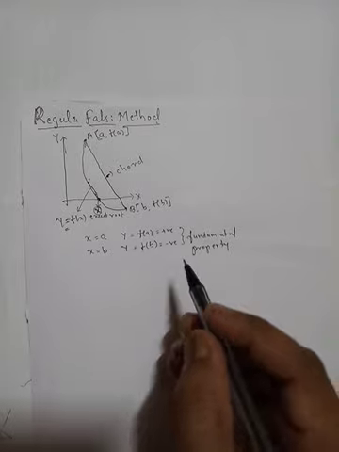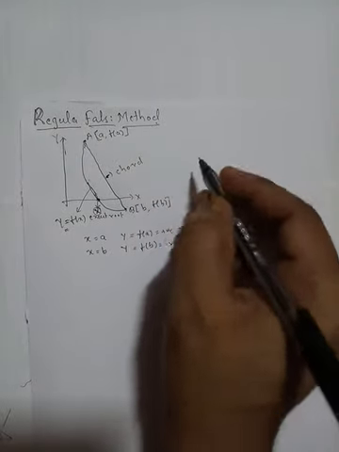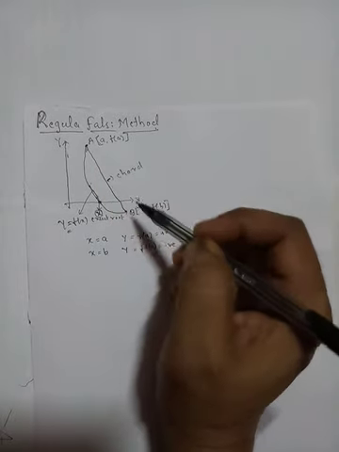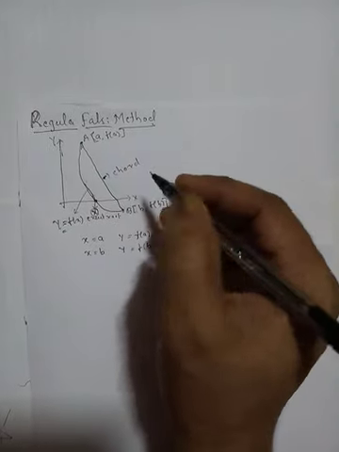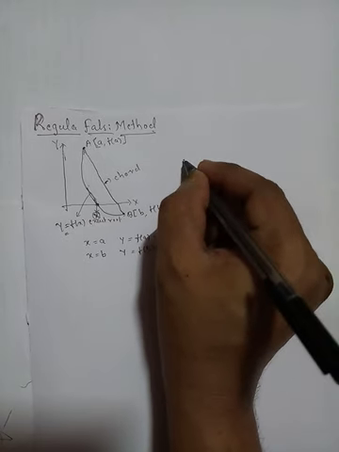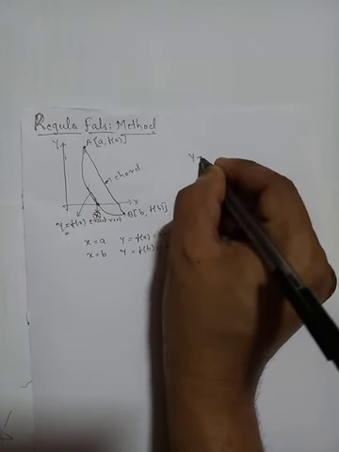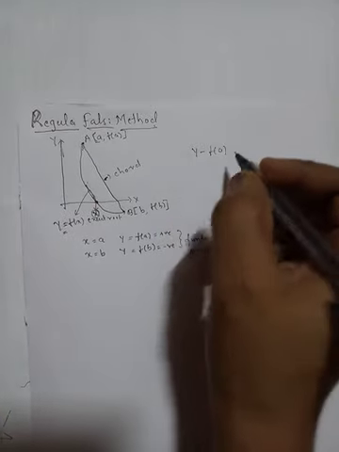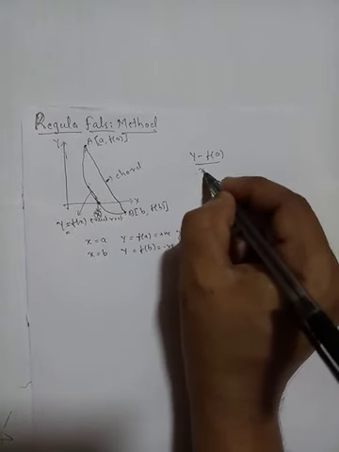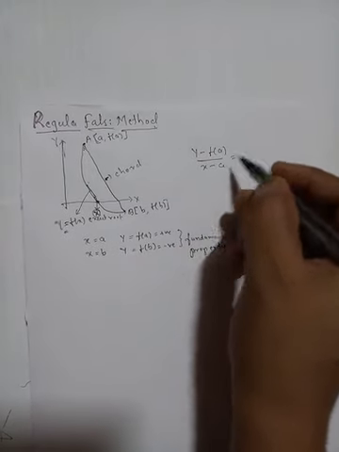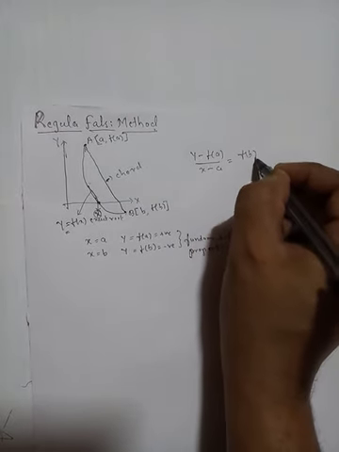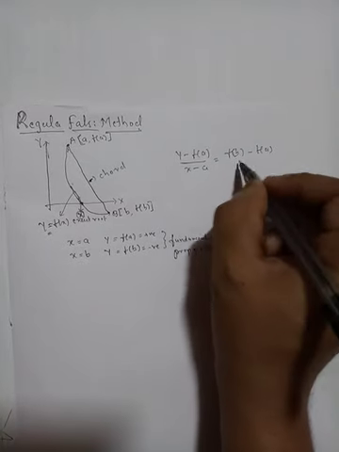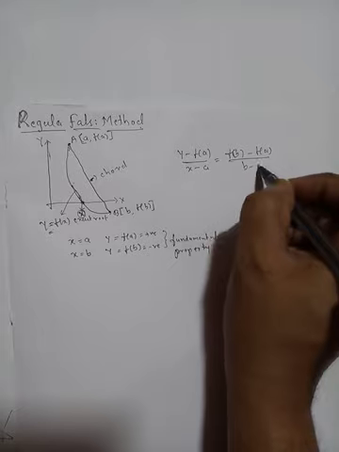The equation of the chord joining the points a and b is given by y minus f of a divided by x minus a equal to f of b minus f of a divided by b minus a.